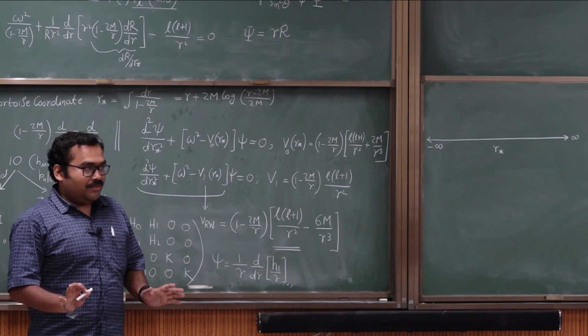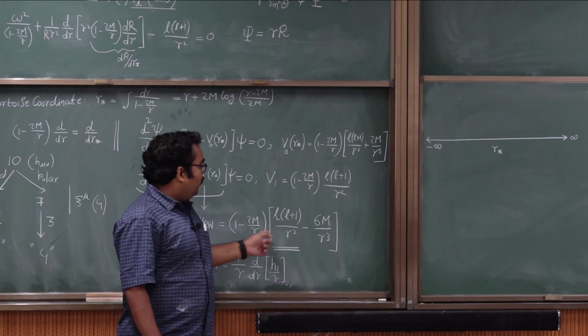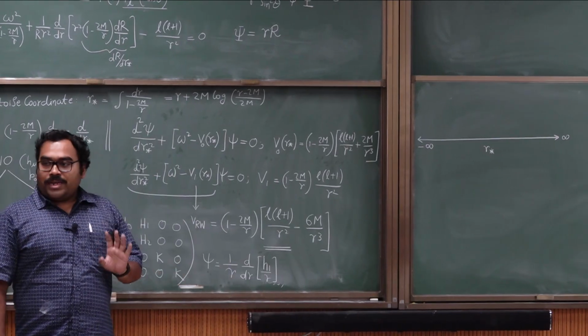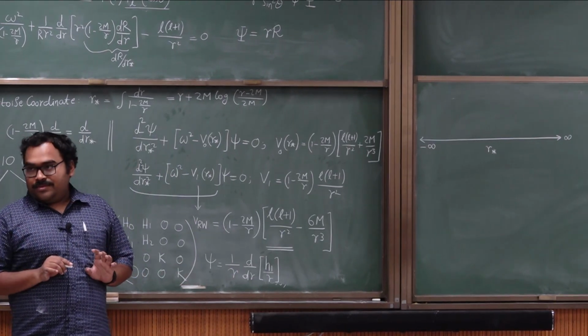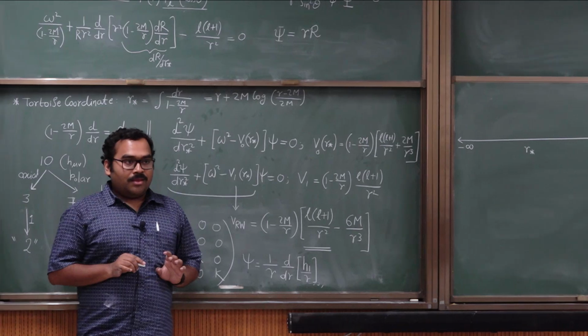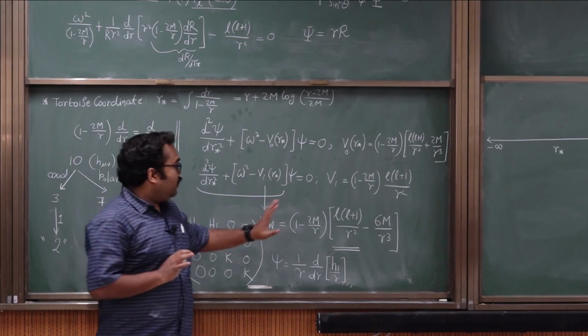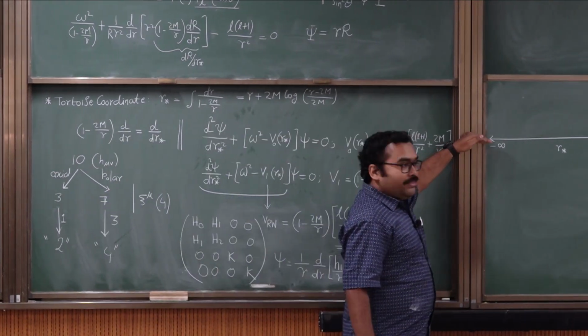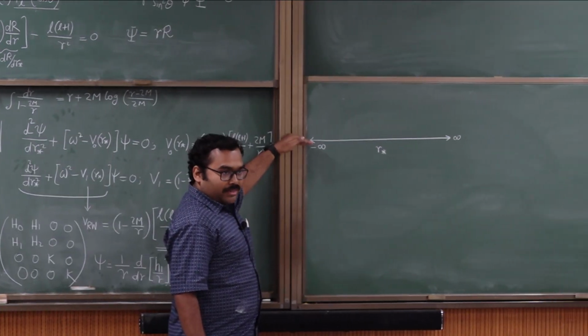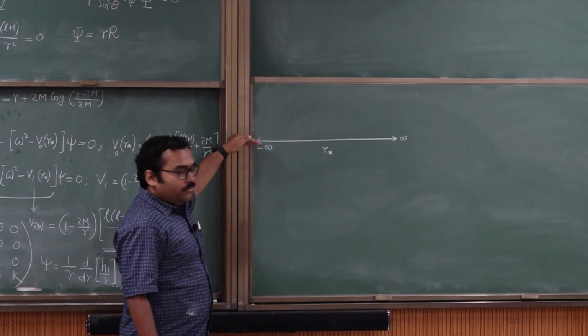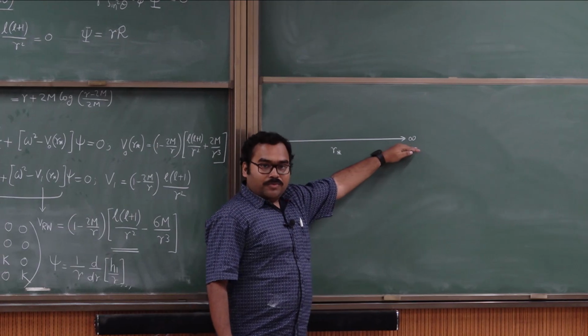They all vanish because of this 1 minus 2M by r in the front. What happens when r goes to infinity? Then also it goes to 0. So this potential is 0 here, which is r star minus infinity, corresponding to r equal to 2M. This potential is also 0 over there.